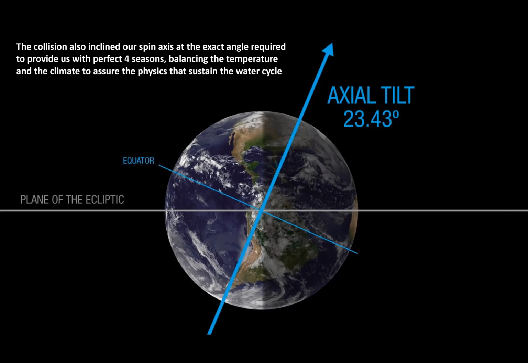And again, life would not exist if our axis was perpendicular to the equator of the solar system, because we would have ice covering all the way up to the tropics on the north and on the south. And the water would not circulate all around the continents and would not allow life to grow on the planet as it did. So this is the second important effect of the collision between Gaia and Theia.